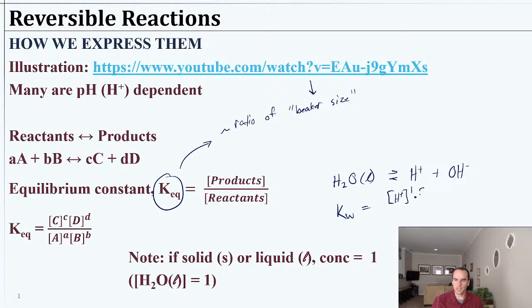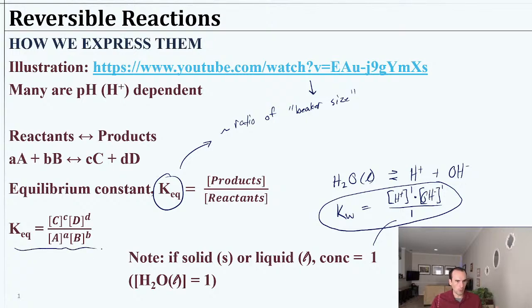Make sure you multiply here, times [OH-], also to the 1 power. All of this divided by 1 because we assumed that, because the H2O is a liquid right there. Okay, so this then is our equilibrium equation coming from this derivation for the equilibrium of water. So that's the deal with that part.